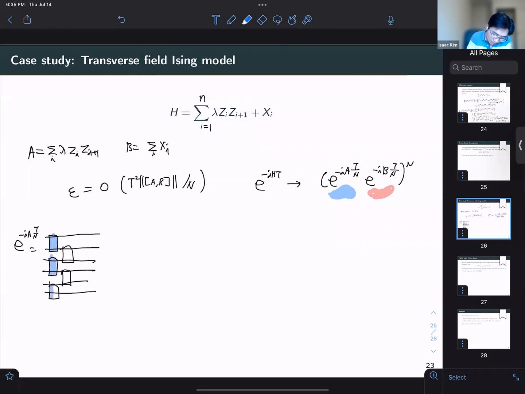These blue things are the gates that are used in implementing e to the minus iAt. If we were to be more specific, this would be e to the minus i lambda C1 C2 times t divided by n, a 2-qubit gate.